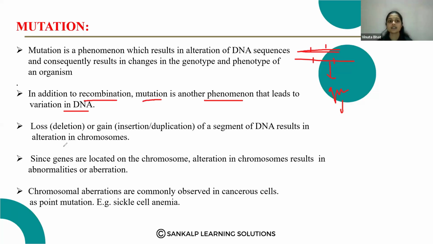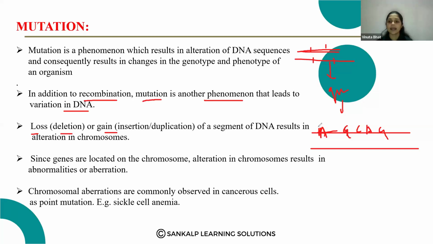So what are the reasons for the mutation? Loss, that is deletion, or the gain. So sometimes, for example, adenine, guanine, cytosine, adenine, guanine. So these are the nitrogen bases that are present on the DNA sequence.